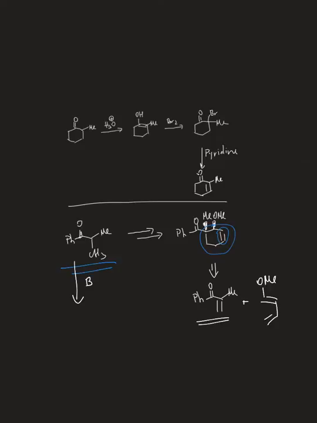So if we treat this with Br2 under acidic conditions, first we'll get this, and then we can treat this with pyridine to get to the ketone that we were trying to get.